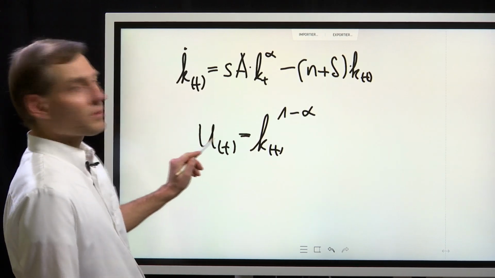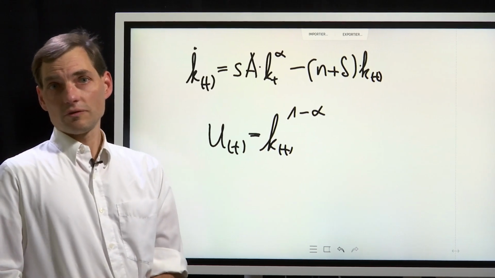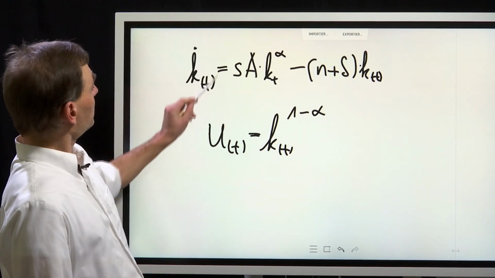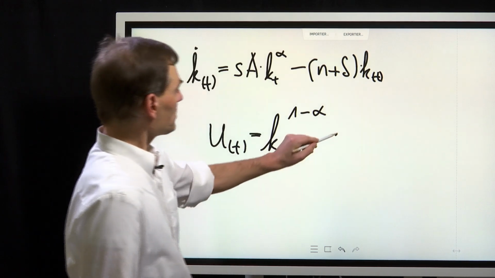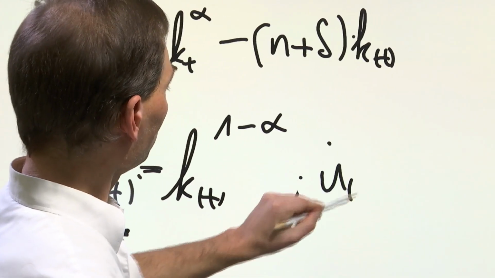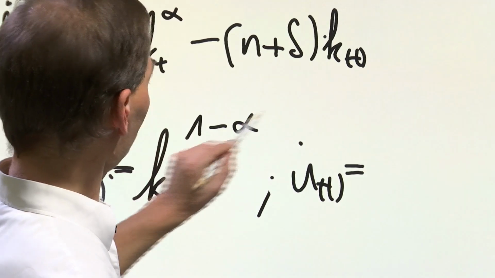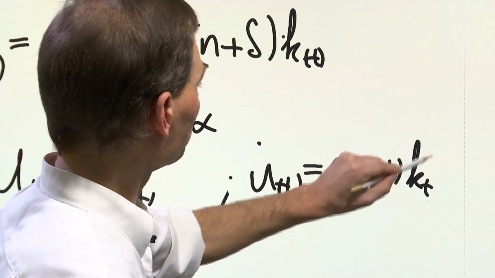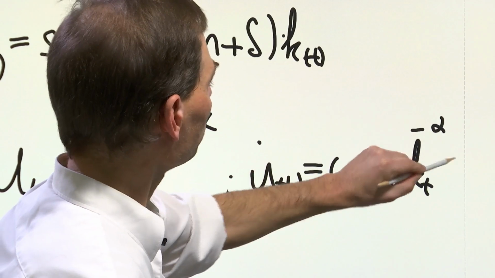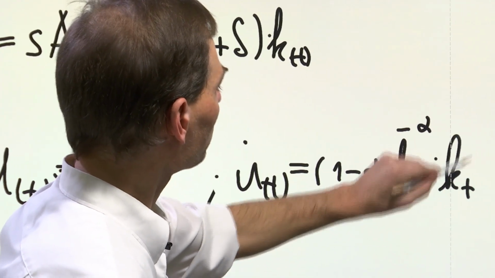I also calculate the derivative of this new function, because I have the derivative in my initial function. So the derivative is u dot of t equals (1 minus alpha) k(t) to the power of minus alpha times k dot of t.